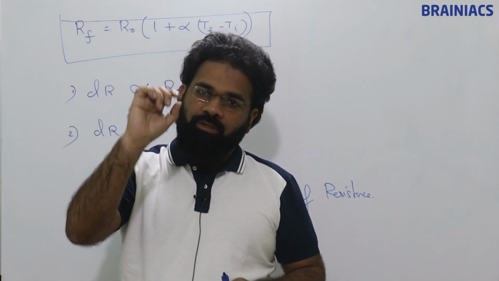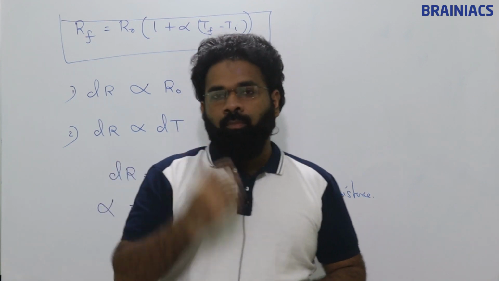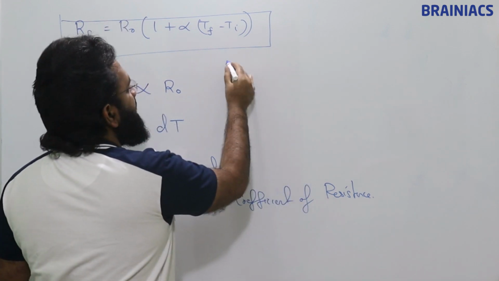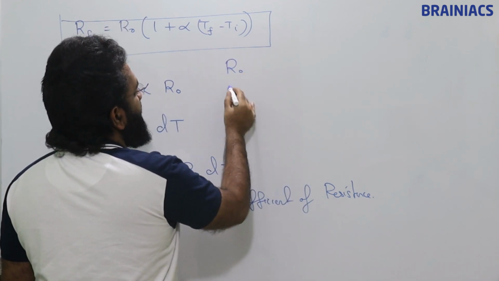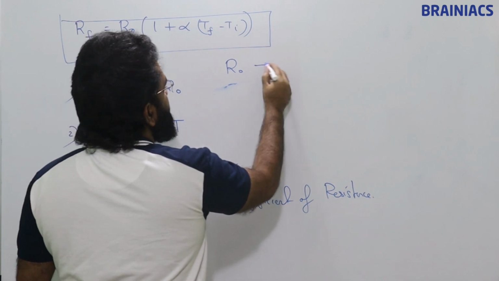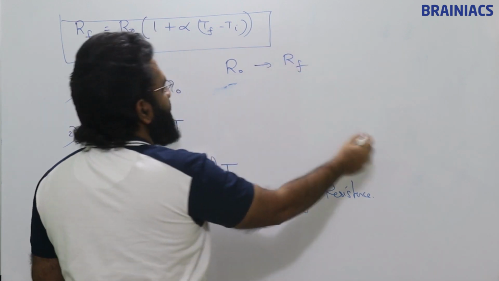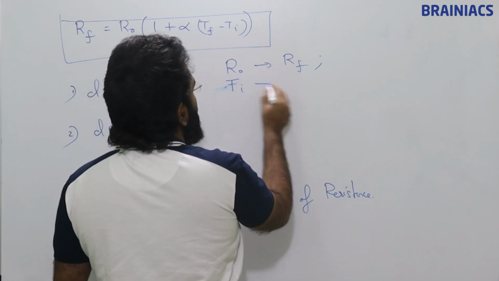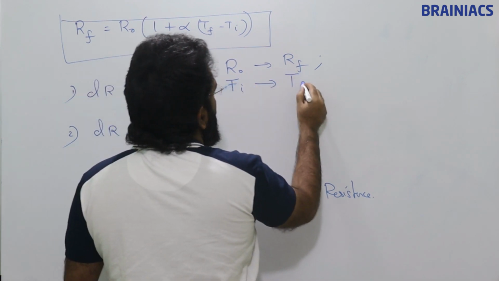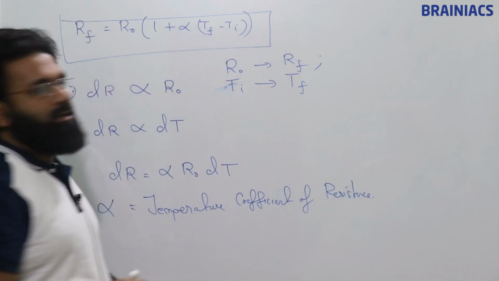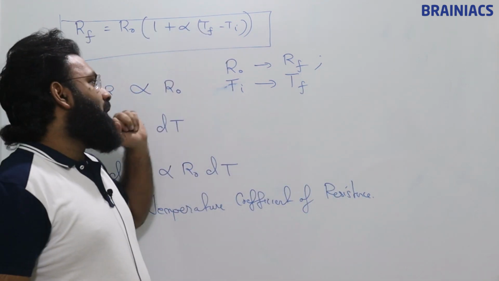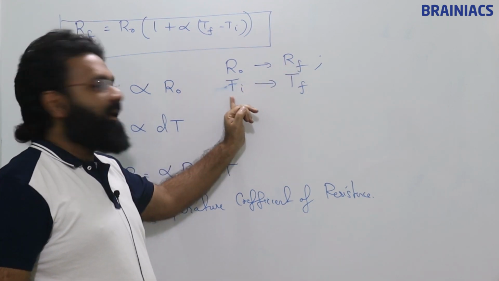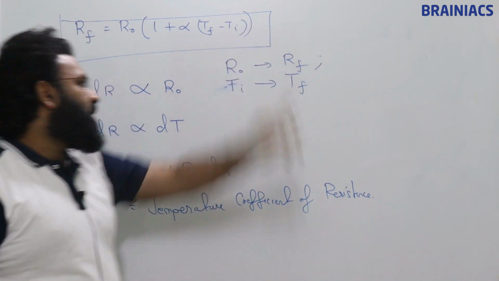Say, for example, initially the resistance was R naught, and now we changed that resistance to RF by increasing the temperature from Ti to Tf.